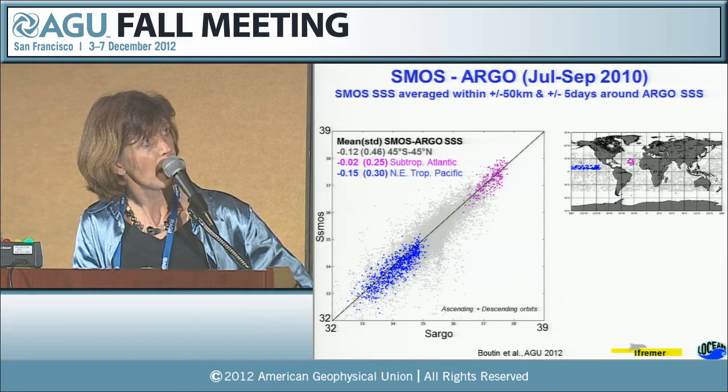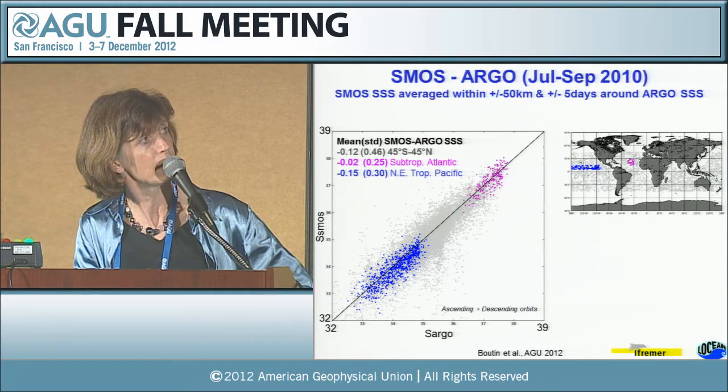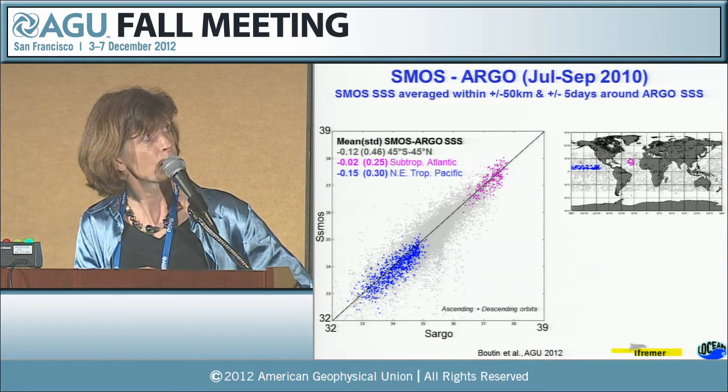If you look at the comparison, you can see that the standard deviation of the difference is slightly smaller in the subtropical Atlantic, a non-rainy region, than in the northeast tropical Pacific. And concerning the bias, it is more negative in the northeast tropical Pacific than in the subtropical Atlantic.